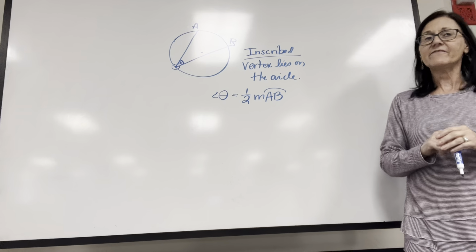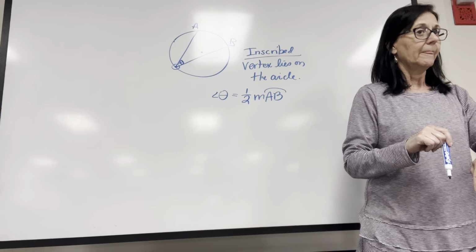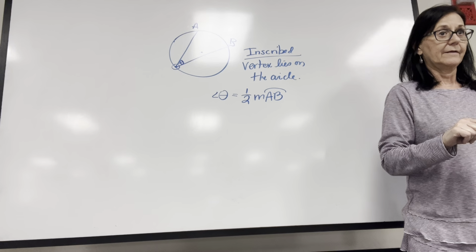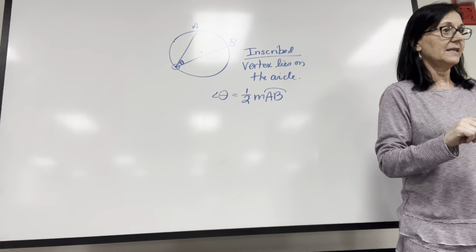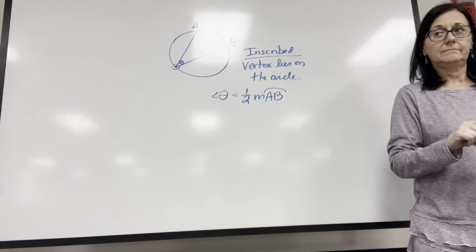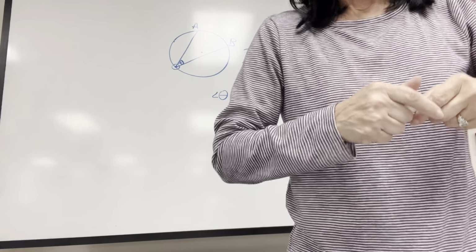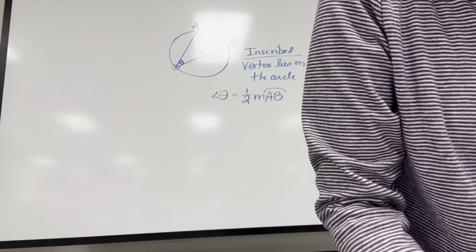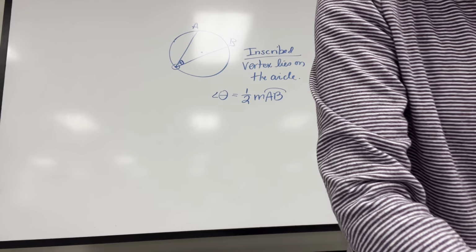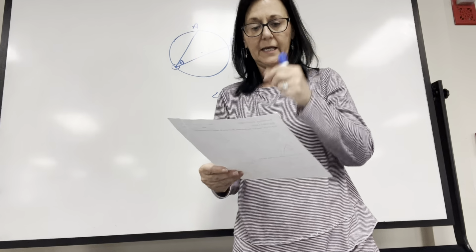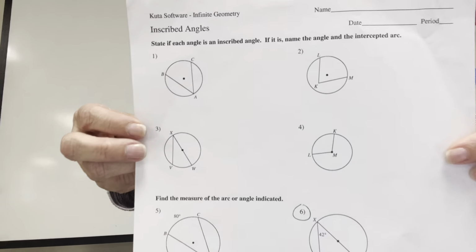If I have the angle, then the arc is twice the angle. Does that make sense? All right, so that is inscribed angles. All right, so you have your sheet, inscribed angles.